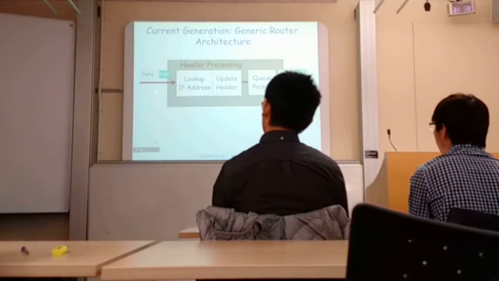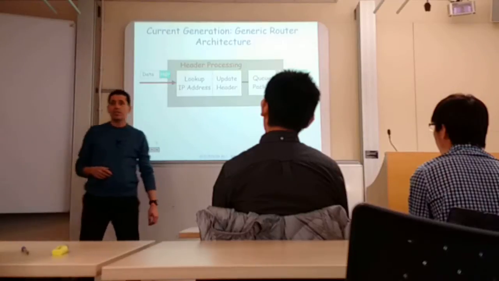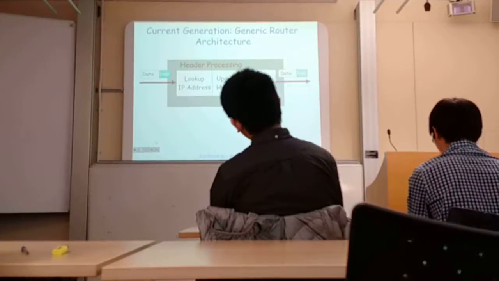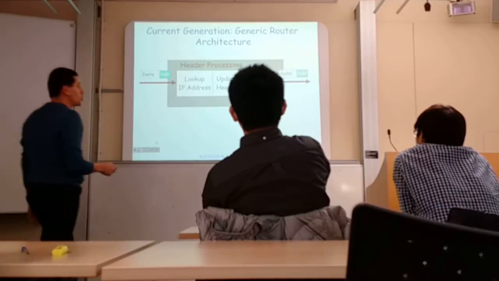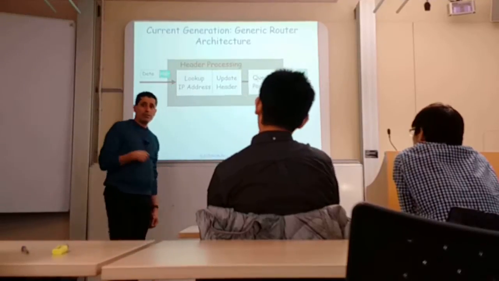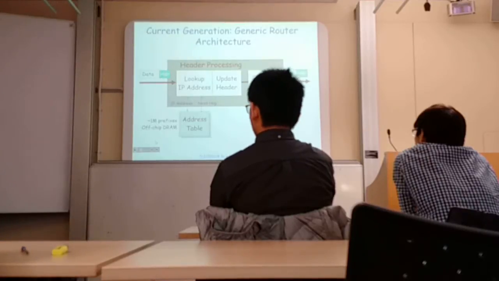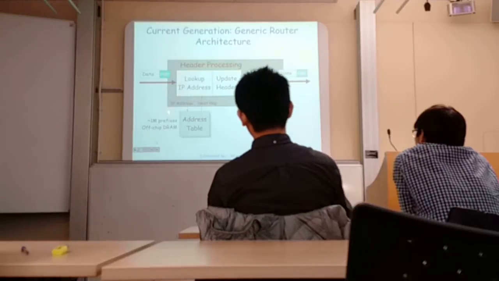Now, once a packet comes at the input port of a router, there will be what's called header processing to determine the outbound link and to update the header, maybe to queue it, to buffer it before it gets switched out. Okay, so we would like to look at the components inside this part here, which is the input.